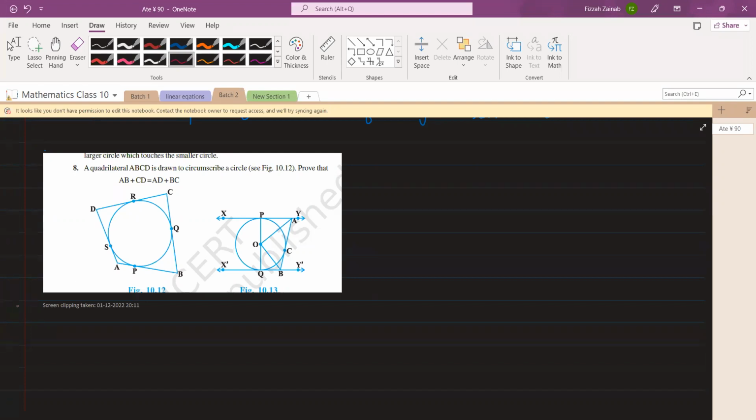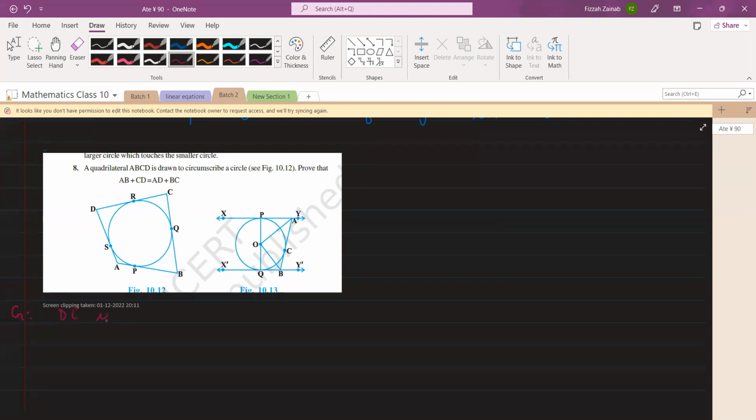First of all, write down what is given to us. A quadrilateral ABCD is drawn to circumscribe a circle. To circumscribe means that this side is touching the circle. So basically, DC is a tangent to the circle. Understand?